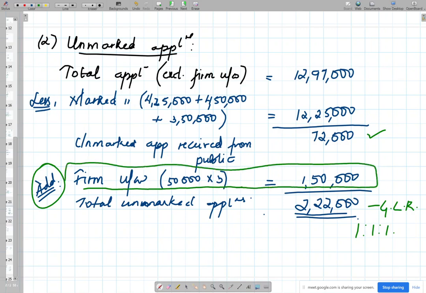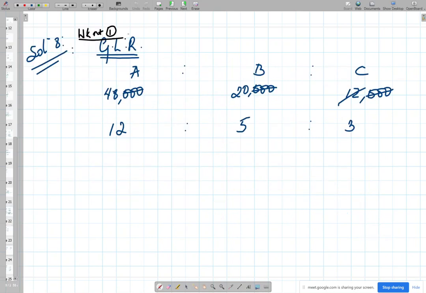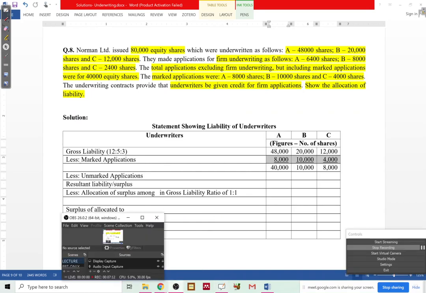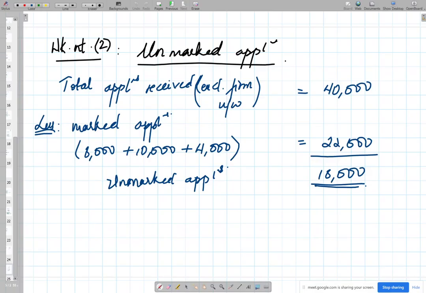Correct? This is an extra step we did, and then we got the total unmarked applications which we distributed in the gross liability ratio. But in this new problem, since firm underwriting benefit is given, we are not going to add firm underwriting to unmarked applications.